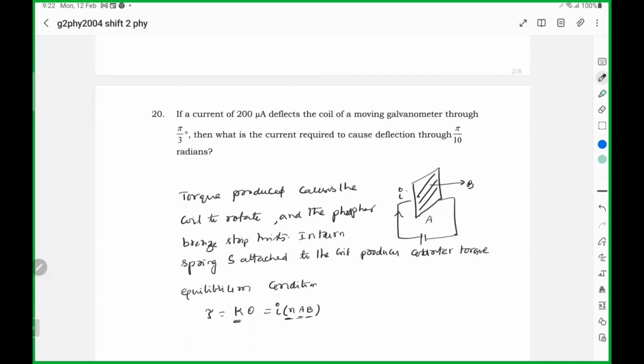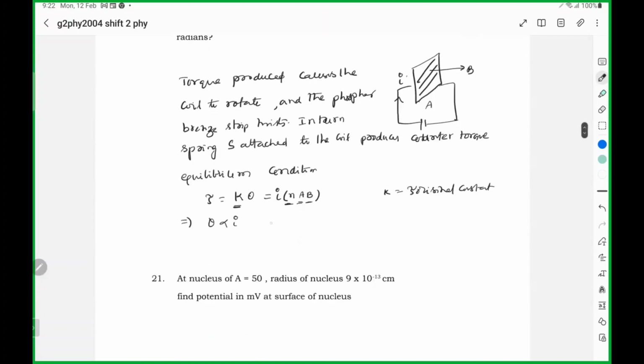K is the torsion constant. That means theta is proportional to I. So theta 1 by theta 2 is I1 by I2.